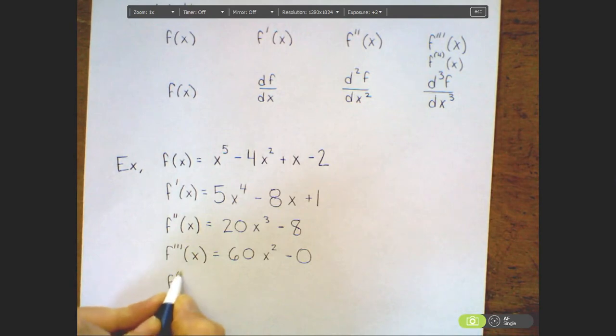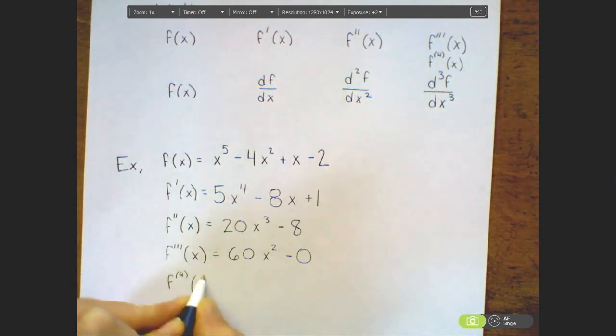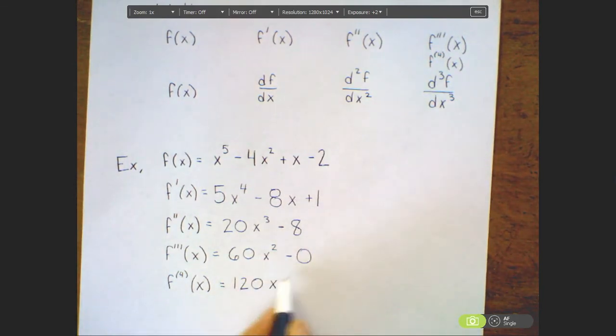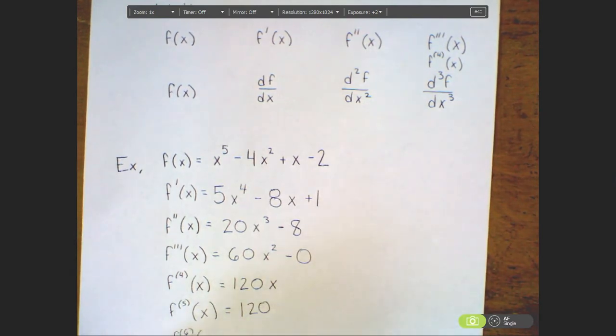So now we're on to our fourth derivative. And the 2 comes down in front, so I'm left with 120x with no power because 2 minus 1 is 1. And then finally, when I get to my fifth derivative, I'm left with just 120, and by the sixth derivative, the derivative of the constant is 0.